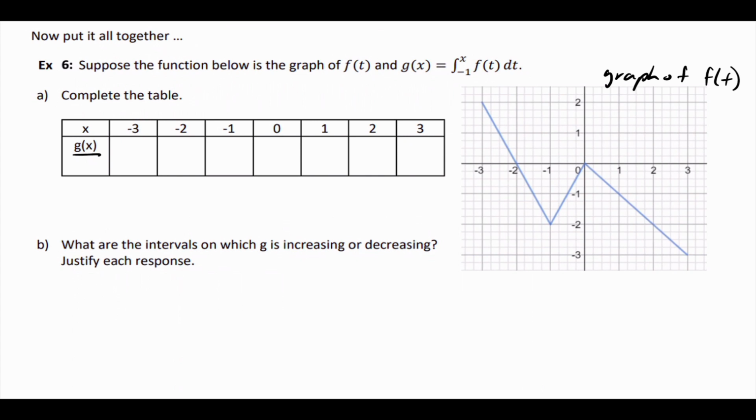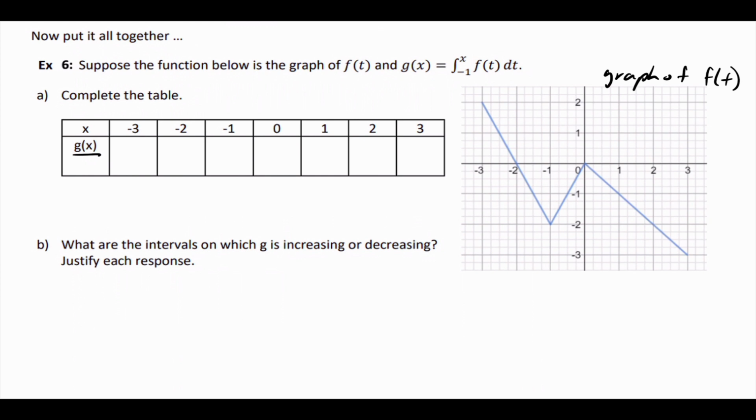The table is g of t. They're not the same, but they're related. How are f and g related? G is the antiderivative. G is the area under the curve for that graph. We call it accumulation. It's the accumulation of the graph. So we've got to fill it out.